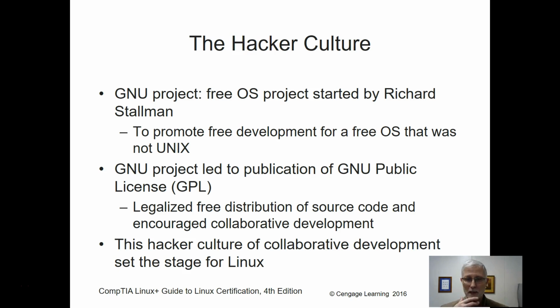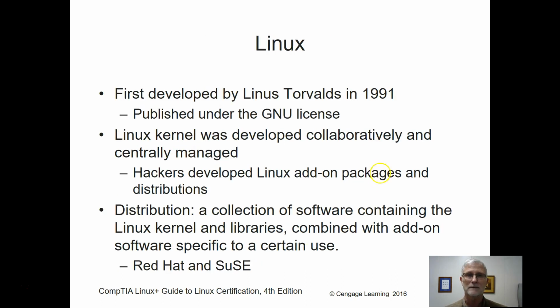This culture set the stage for Linux. They started with Unix and started building this. I need free software. I don't want anybody in control of it. I want all the people that need it and want to use it and experiment with it. It set the stage for when Linux was developed.